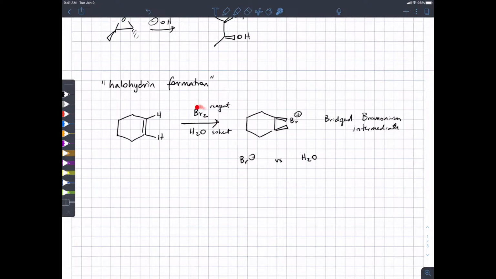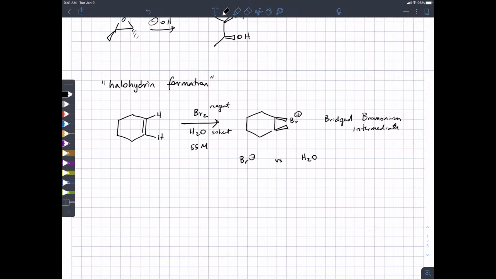Usually you would only put in 1 mole of Br2 for every mole of alkene. But usually solvent is present in vast excess. You can use the density of water and its molecular weight to figure out what the molarity of pure water is, and it's like 55 molar.